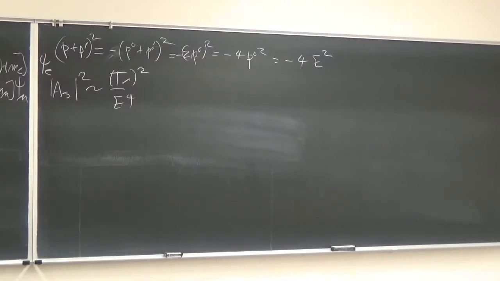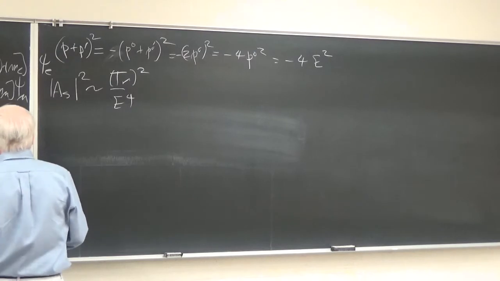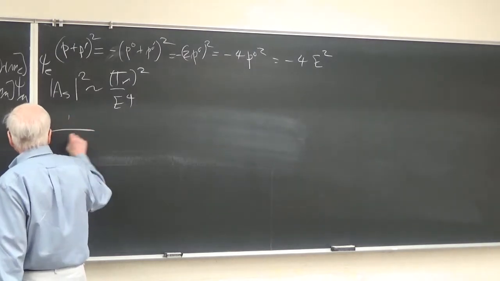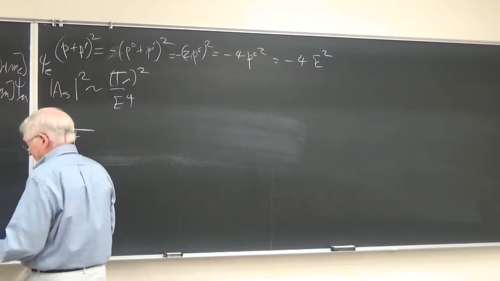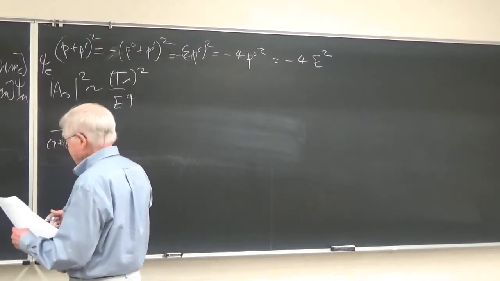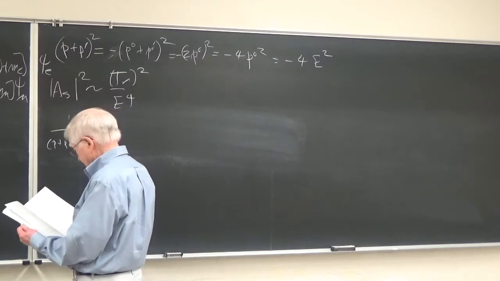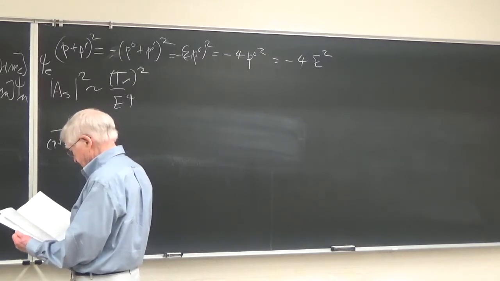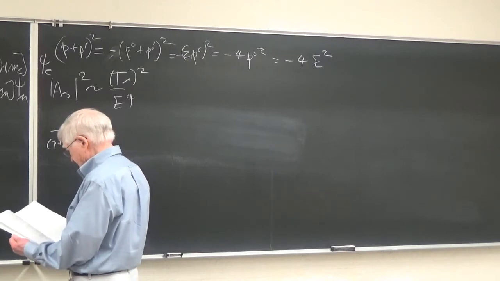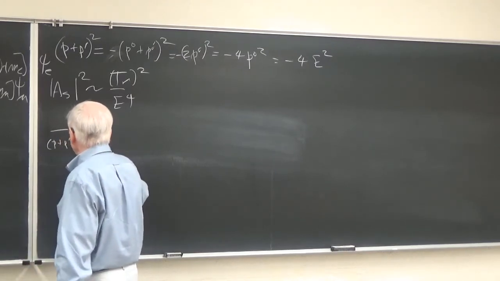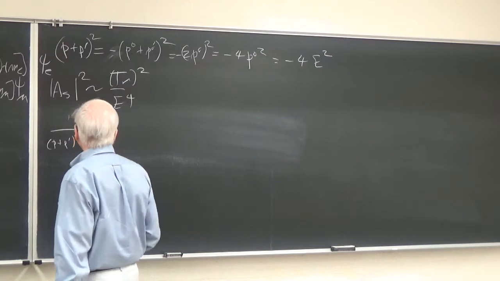And then it would be 1 over p plus p prime squared, and it's been so long since I've written down a propagator for a non-massless field, so it would be plus mz squared.